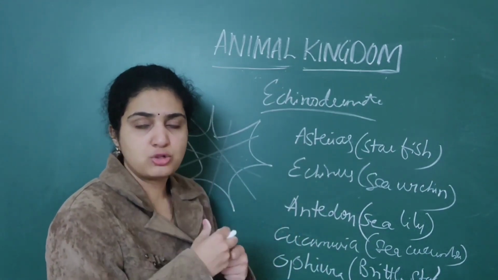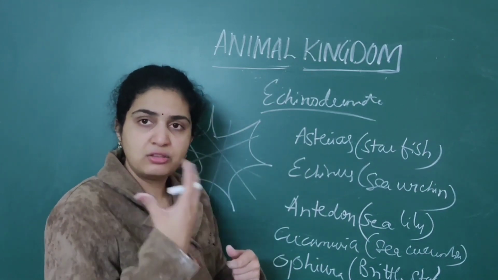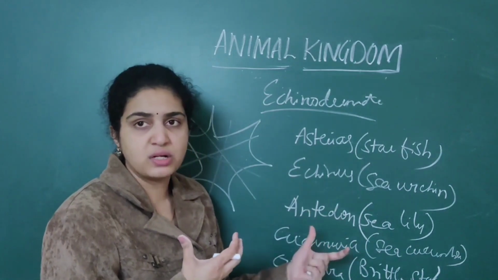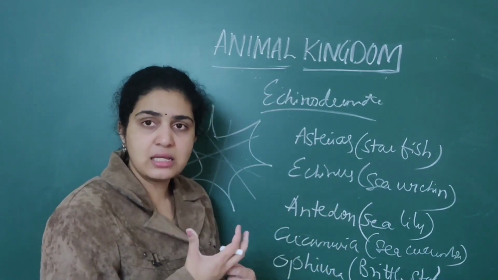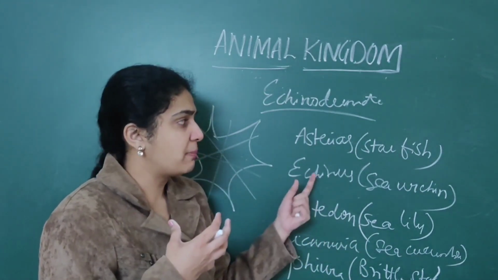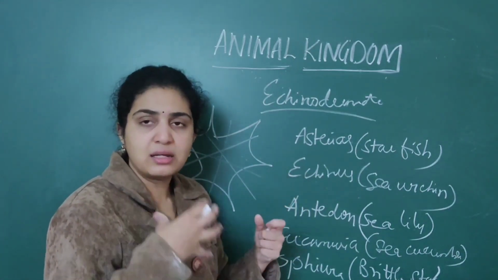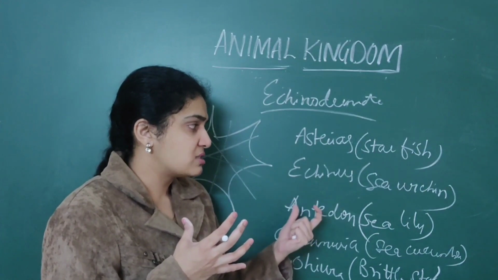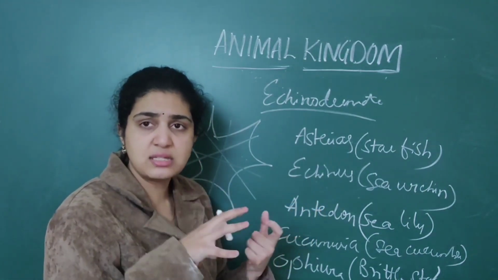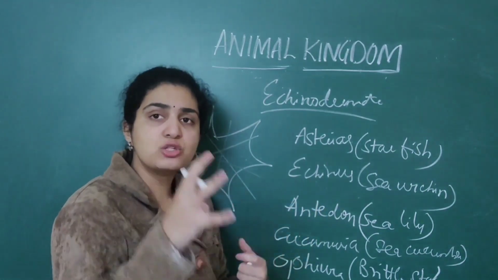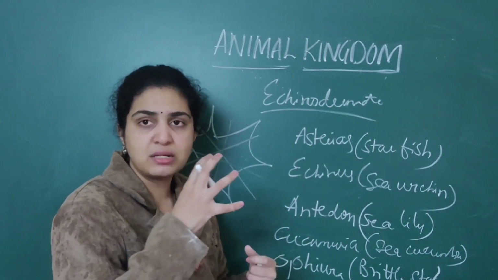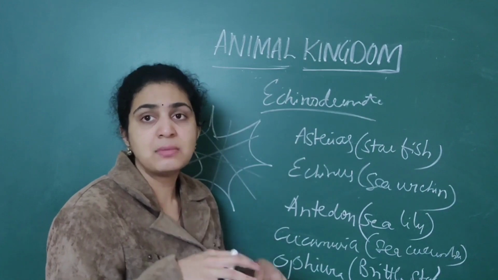There is no logic to remember this. You should read three or four times to get used to these words, but I am saying it in an easy way. Anything related to starfishes, sea urchin, sea lily, sea cucumber all belong to Echinodermata. And these all exhibit the water vascular system.